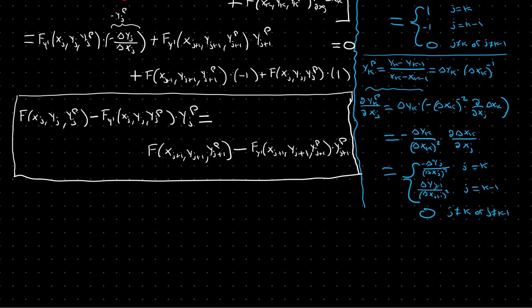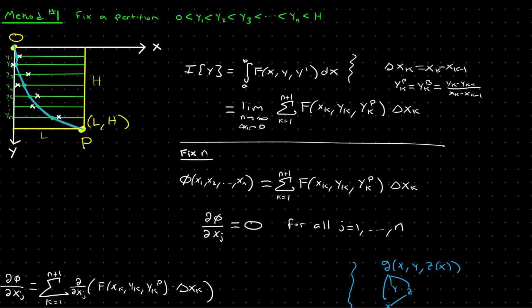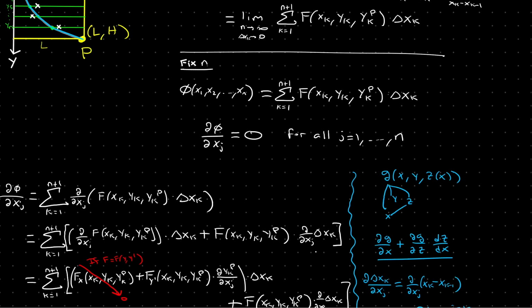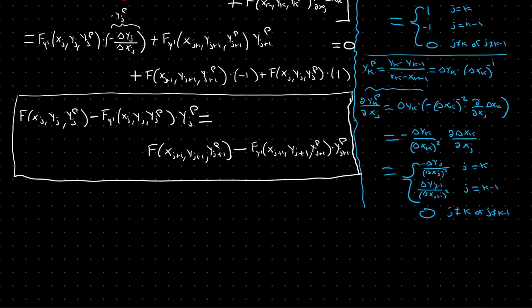If you go through and actually plug in the f and the fy prime for the Brachistochrone problem, you get a geometric relationship that has to hold for the slopes of these lines, and that relates the slopes of these lines to the values x1 through xn and y1 through yn.